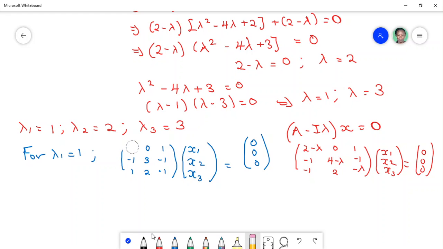Then 4 minus 1, you have 3. Then minus 1 here. So now let's solve for our x1, x2, and x3.